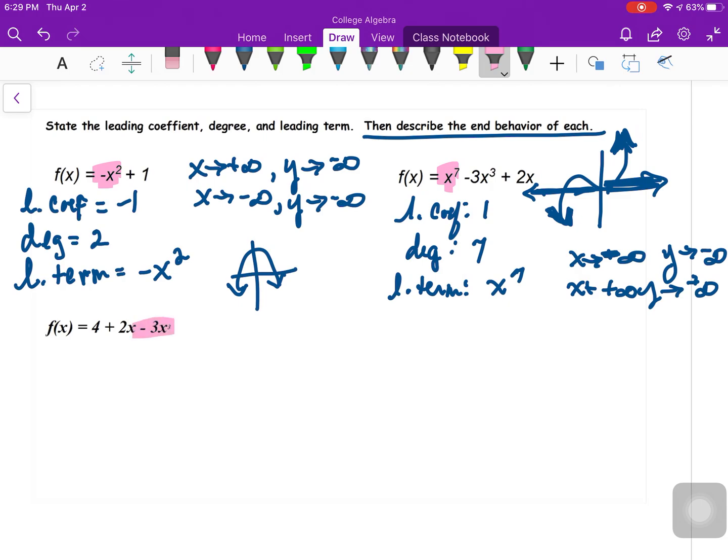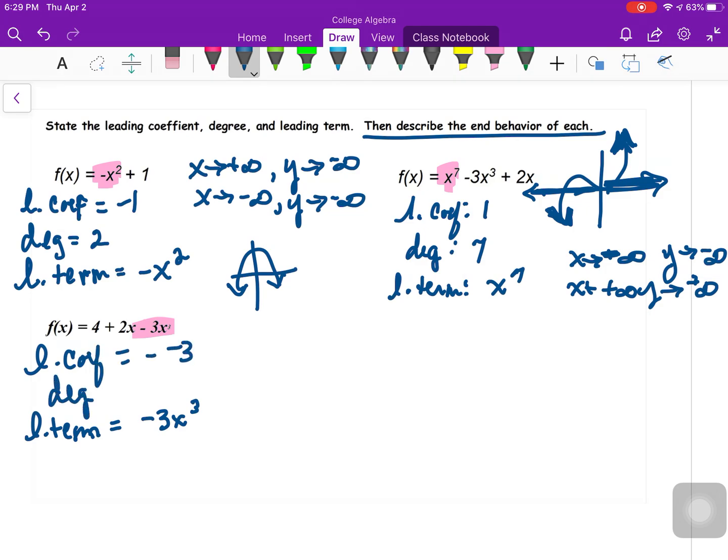And the last one, leading term, that is a negative 3x cubed. So my leading term, negative 3x cubed. The leading coefficient of it is a negative 3, and the degree of it is a 3. So a negative cubic would do something like this.